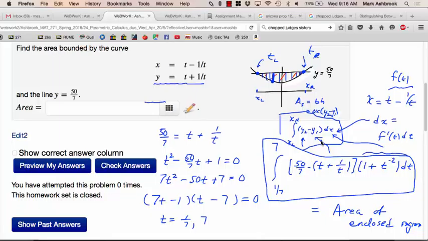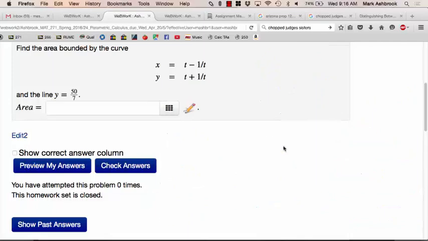Okay, so now I want to use the same problem to talk about something new. I want to talk about curve length in parametric functions. So we'll go back to the same problem. Say we want the length of the curve from those two intersection points.